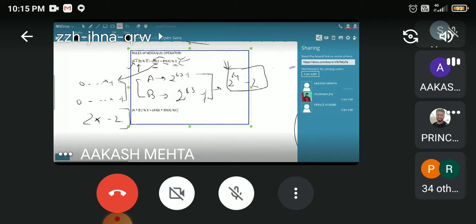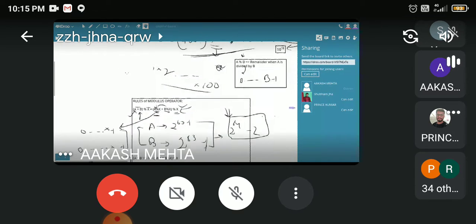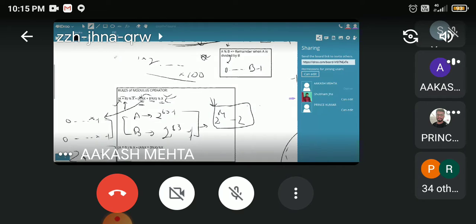Now let's get back to our example of calculating 100 factorial. How can we calculate 100 factorial modulo x? Because you cannot store the product in some integer.